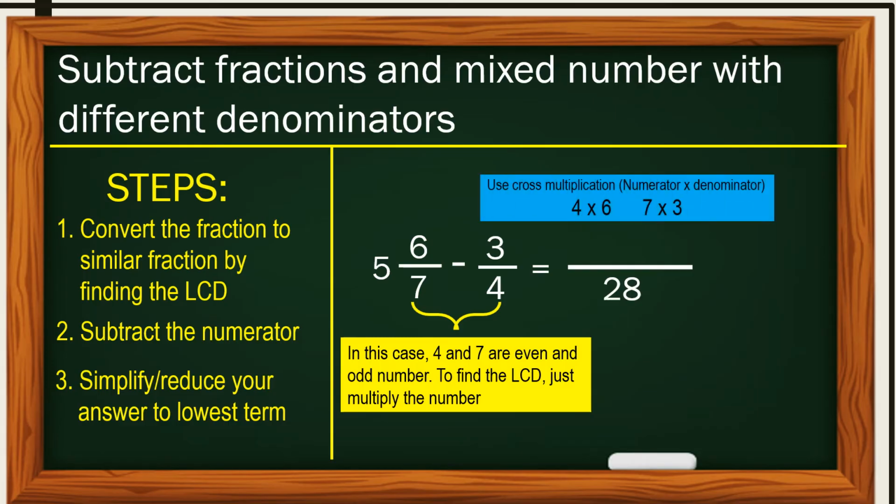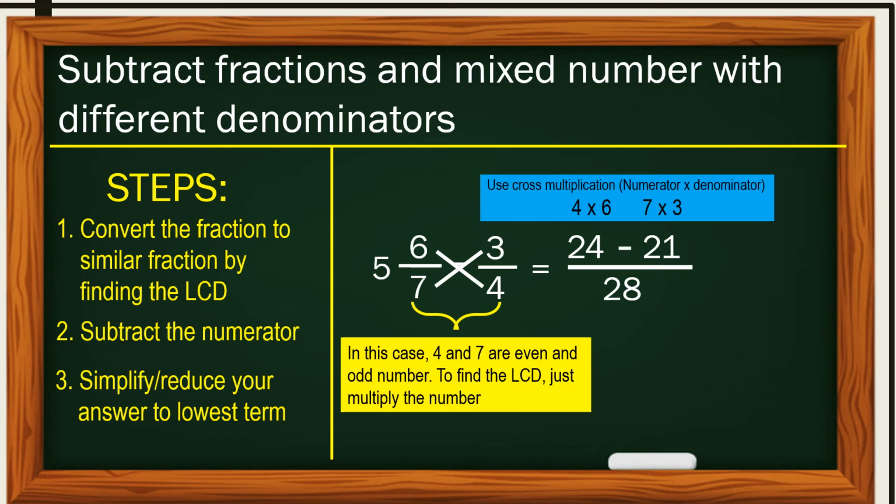Now it's time to find the numerator by use of cross multiplication. Multiply lang natin yung numerator at saka denominator, gaya nito. 6 times 4 is equal to 24. Then 7 times 3 is equal to 21.